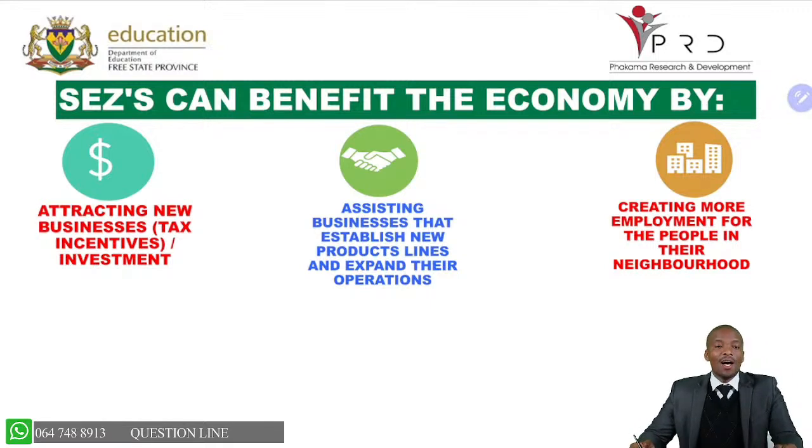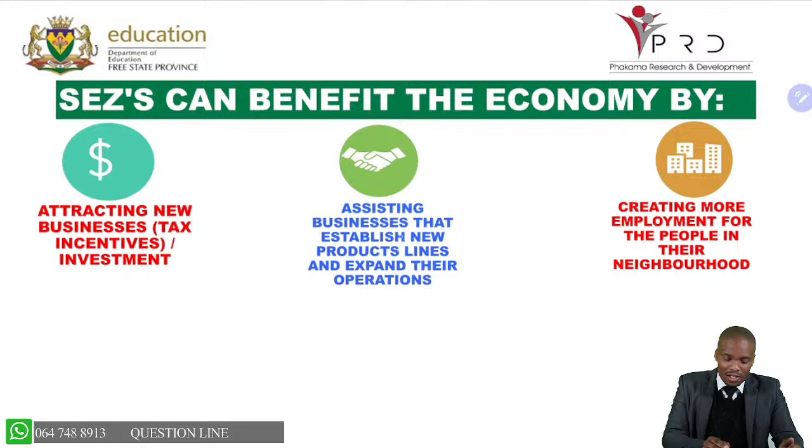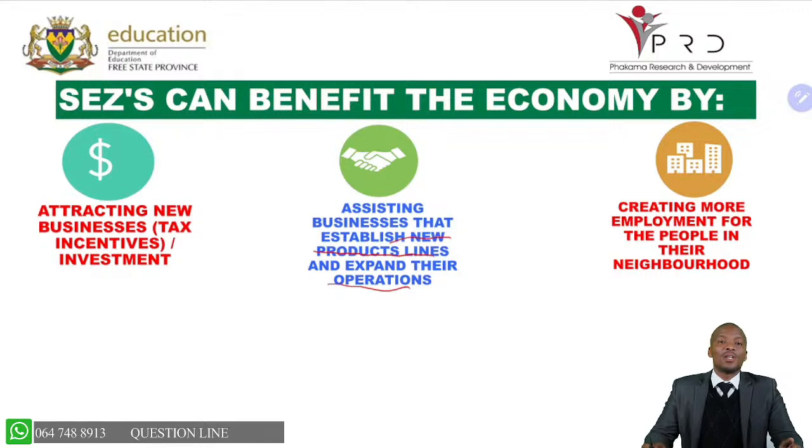Okay. The other ones, the first one we are saying, they are there to attract new businesses because of the incentive that they will be tax-free. They are there also to assist the new businesses that are established in terms of their product lines and to expand their operations.